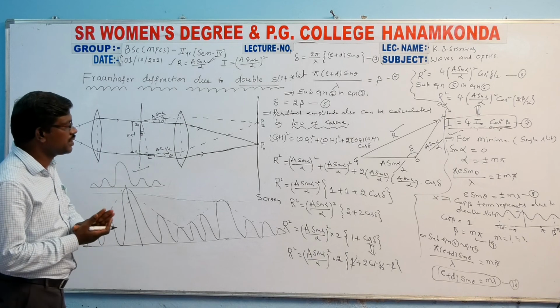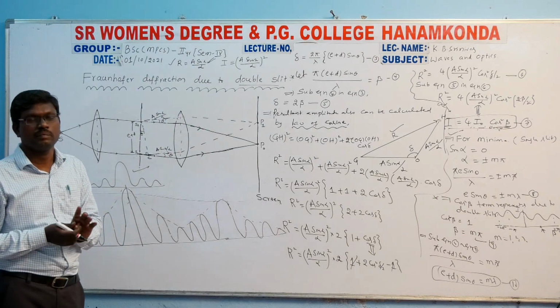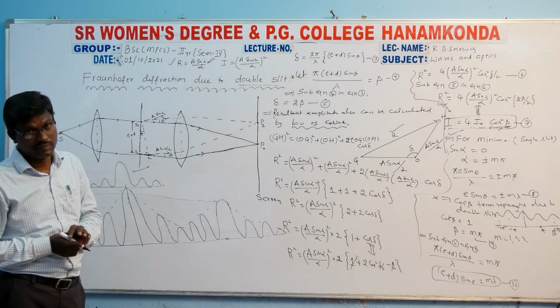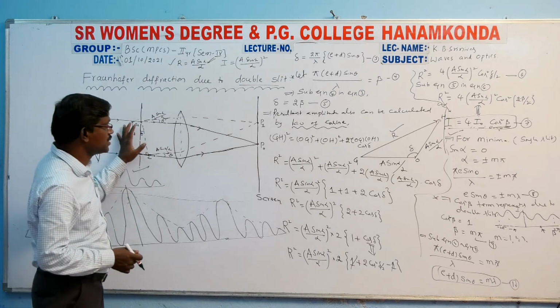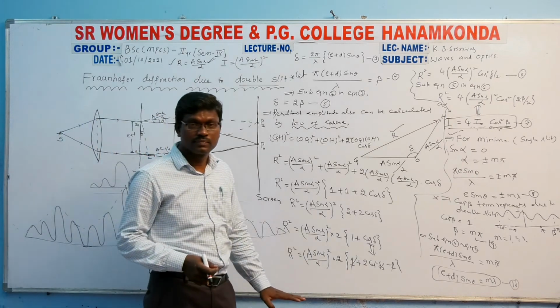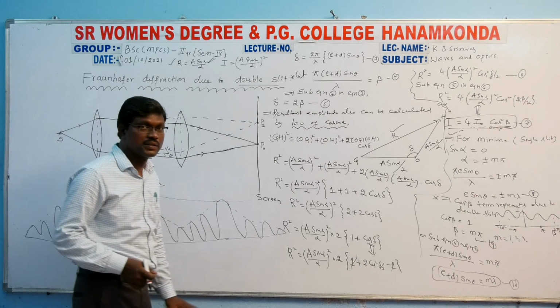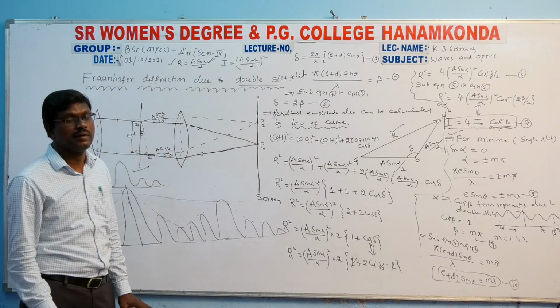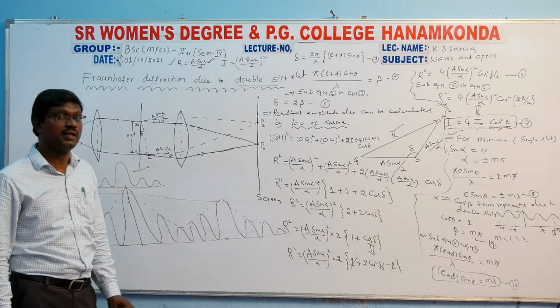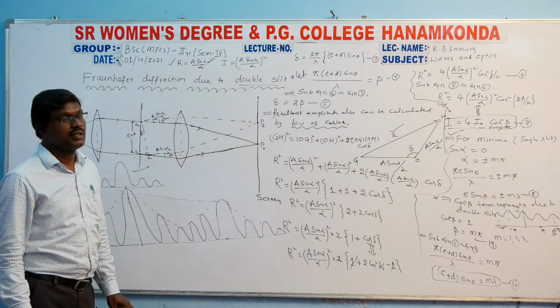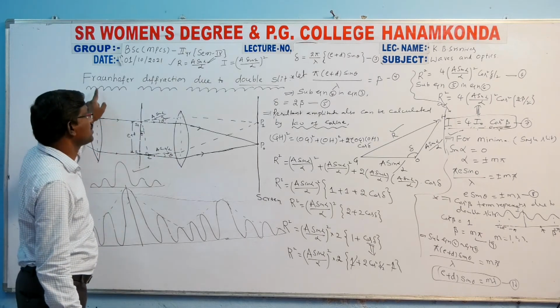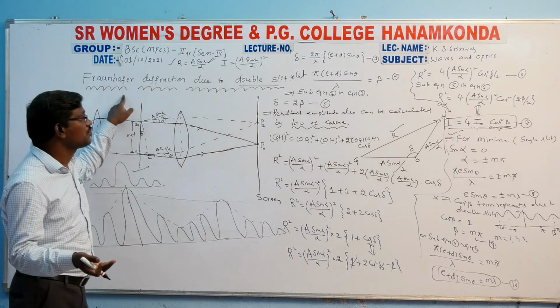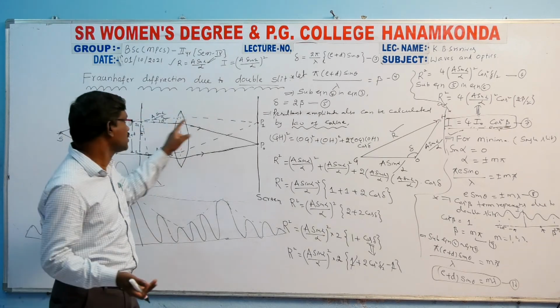So this is a very important topic for 20 marks. Fraunhofer diffraction due to double slit, Fraunhofer diffraction due to single slit. Both the questions are very important for 20 marks. In the examination they will ask like, explain Fraunhofer diffraction due to double slit.